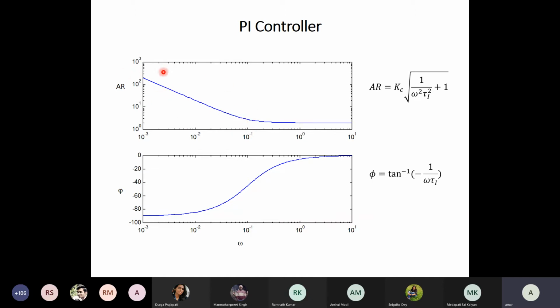This part is the integral action, and this part is the proportional action. So you can see that when you start, initially you have the proportional action, and as it goes, your integral action takes over and controls the process. So there is no offset for that.